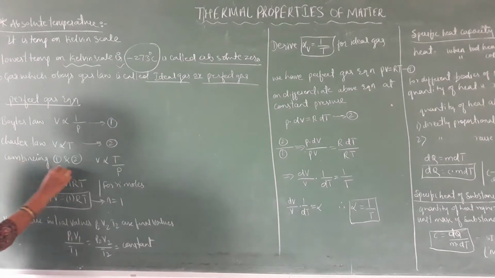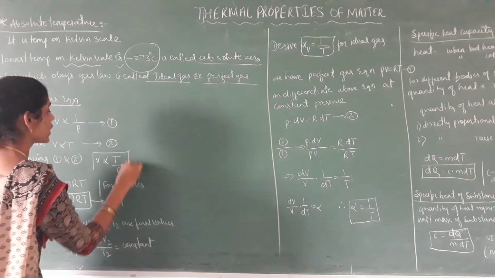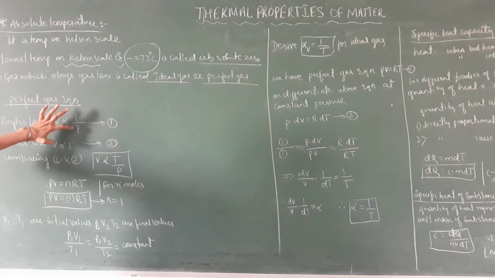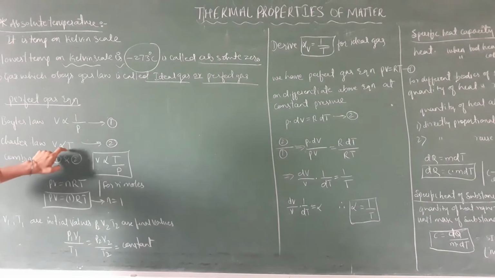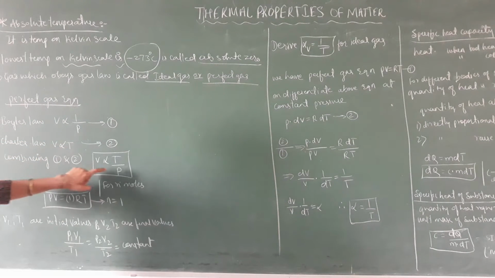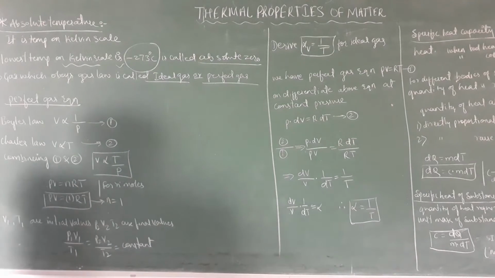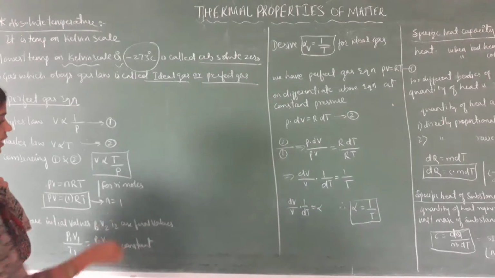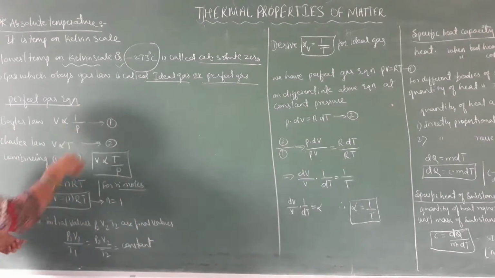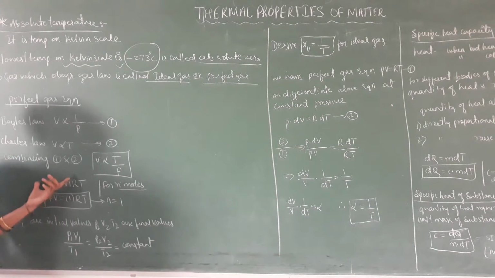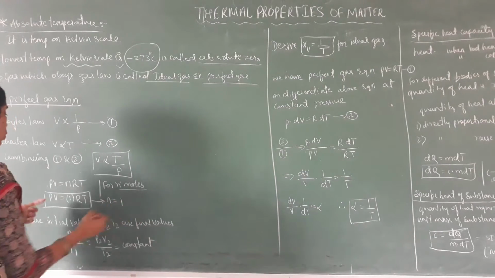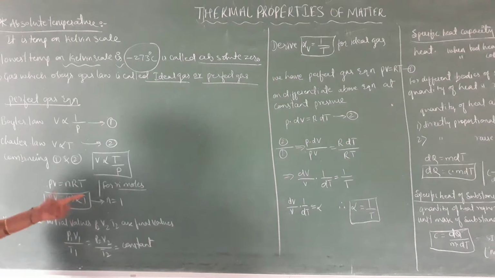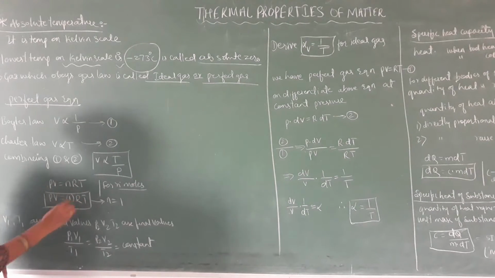Combining equation 1 and 2, we have V proportional to T by P. So PV is equal to nRT from the ideal gas equation, where n is the number of moles. If you put n equal to 1 for 1 mole, the equation becomes PV is equal to RT, because the n value is substituted as 1.